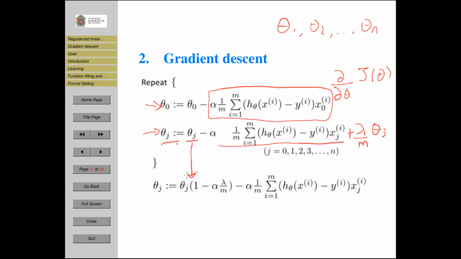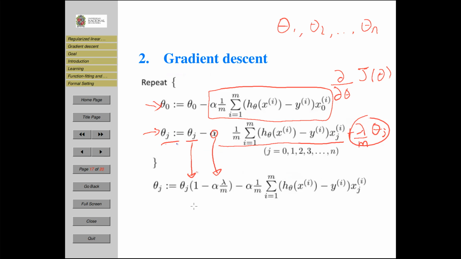And this other term, which also depends on theta j, has an alpha here, so you end up with alpha lambda over m multiplied into theta j. And this term here, 1 minus alpha times lambda over m, is an interesting term. It has an interesting effect.